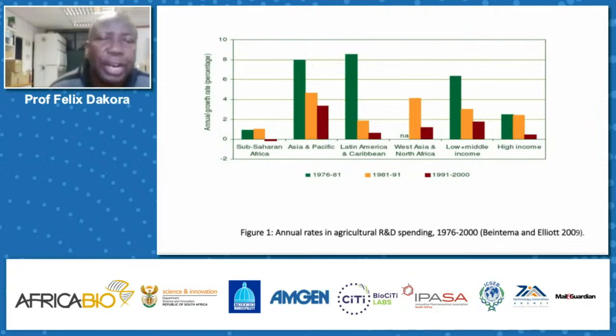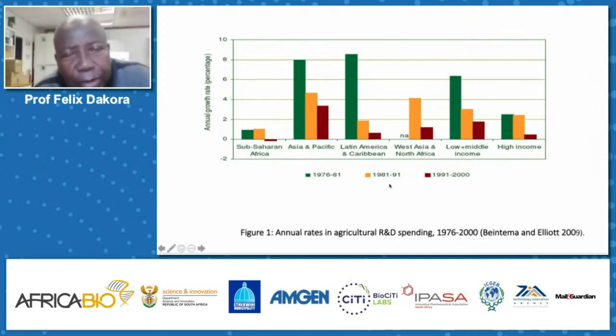Now, the major constraint to all of this, as my 2 colleagues have mentioned, especially Zodwa, is funding. And I just thought I would share this slide with you so that we can all appreciate the challenges. There are a couple of things I want to point out. Here you can see 1976 to 81, that's your first one, which is green, then 1981 to 91, and 1991 to 2000.